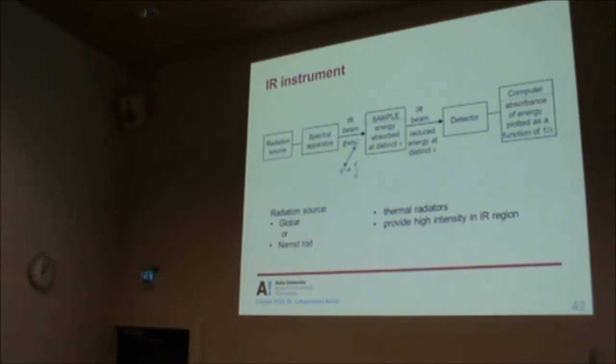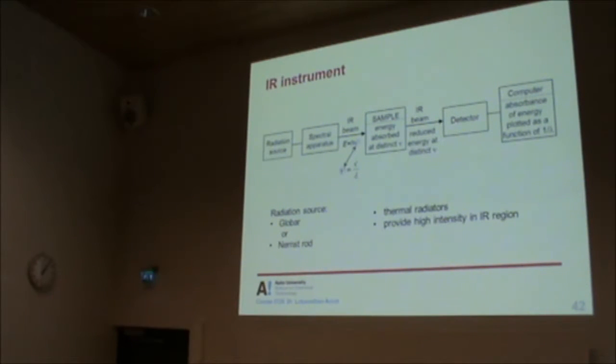And nowadays the detection process is also accompanied by a very powerful computer, which is as good as the computers that we use, for processing the data. I will tell you why we need a computer.